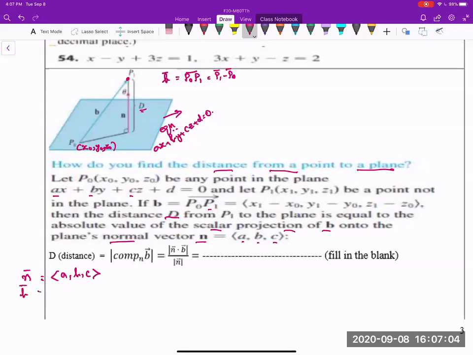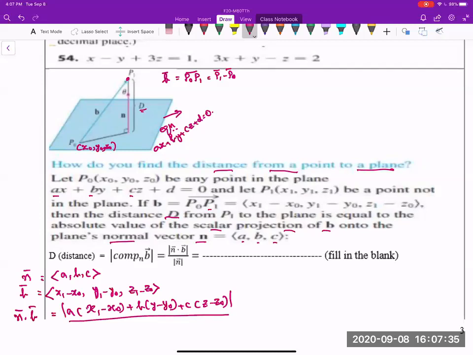Vector b is the vector x1 minus x0, y1 minus y0, z1 minus z0. So n dot b is a times x1 minus x0 plus b times y1 minus y0 plus c times z1 minus z0, the absolute value of this, divided by length of n, which is square root of a squared plus b squared plus c squared.